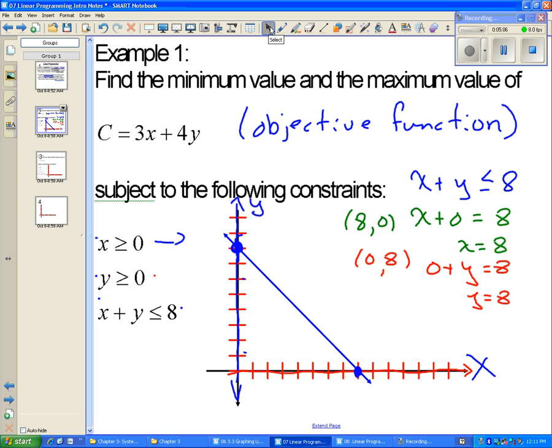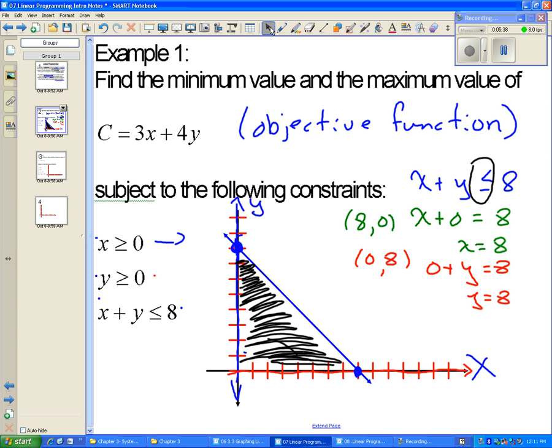I then need to notice that I want less than or equal to. All of my lines are solid lines because they're all equal to. Remember, I wanted to the right of the y-axis and above the x-axis. And since I have less than or equal to, I want below this line.